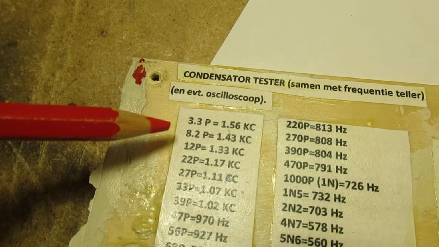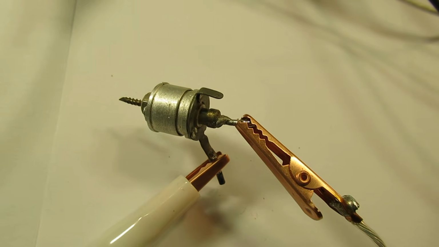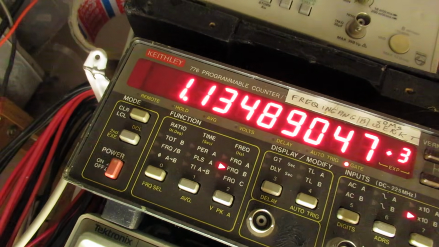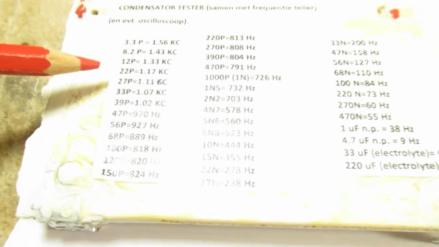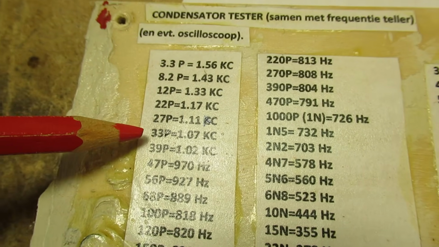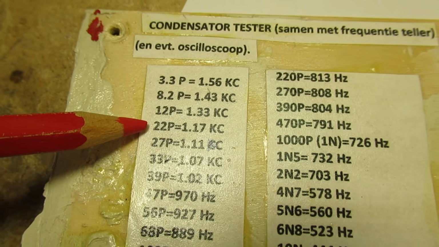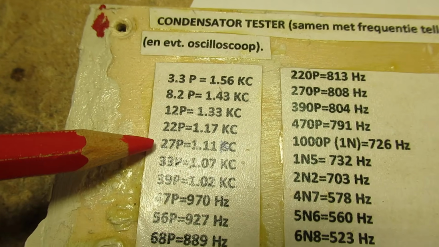And when I look back at this table, 1.18, of course, 1.13, anyway. So we are in this order, 22 picofarad up to 27 picofarad.